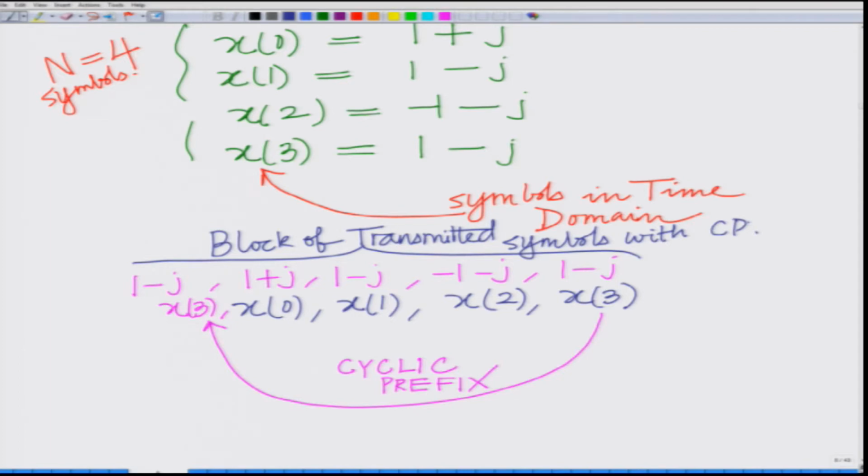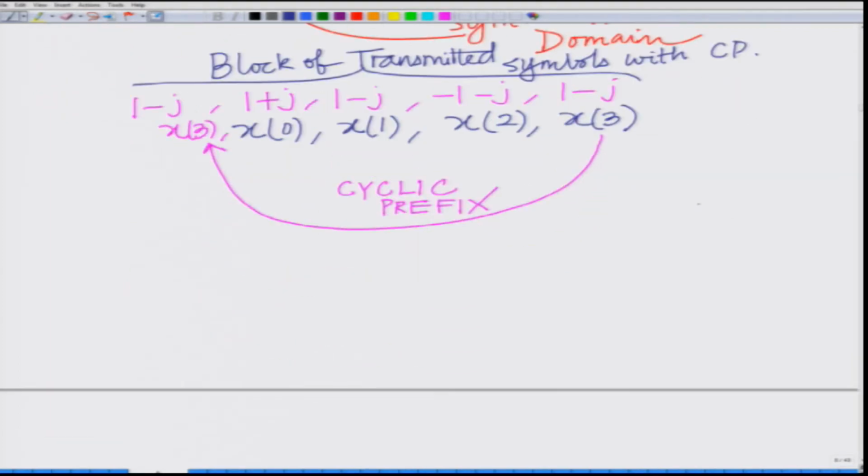This is your block of transmitted symbols with cyclic prefix.